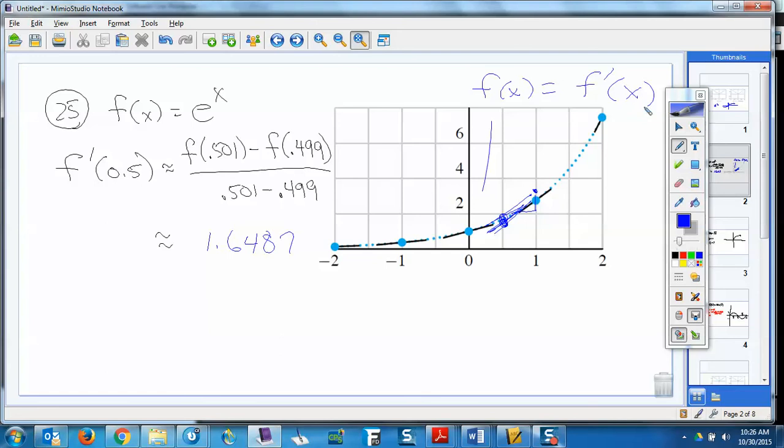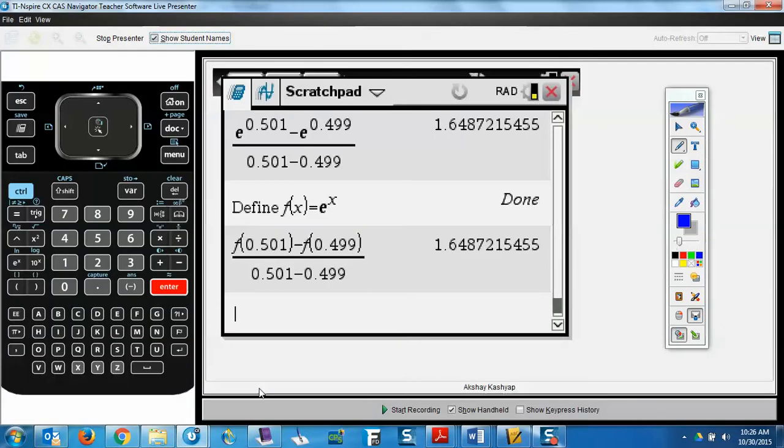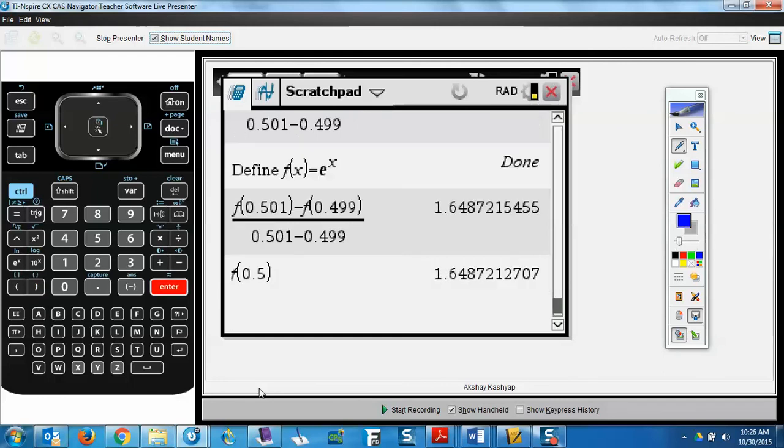In other words, if we go back, if Akshay will do this for us, put in f of 0.5 right now, because remember, this number here is our slope at 0.5. Put in f of 0.5 and hit enter. That is the y value at 0.5. And look how close they are.